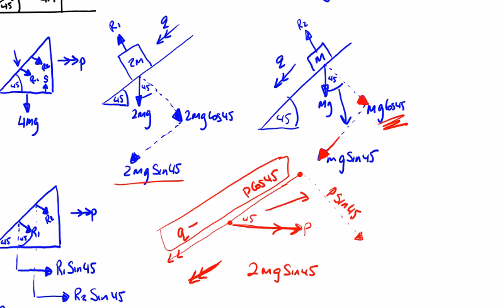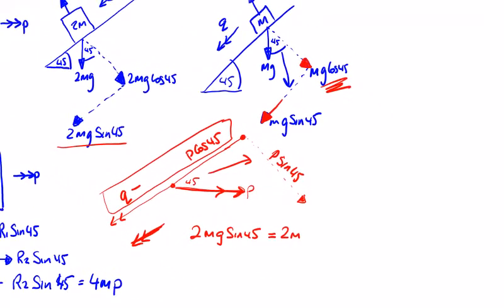Nothing stopping it. So that's going to be equal to the mass, which is 2m, times the acceleration, which we said was this here, q minus p cos 45. We can multiply that out. We can divide by 2 first, so we're going to get mg over root 2.